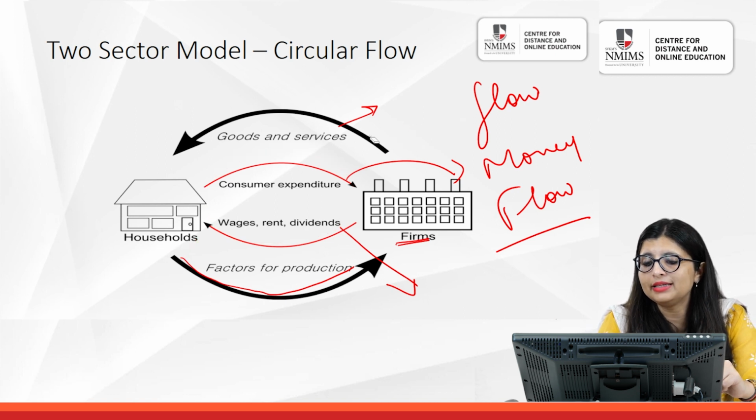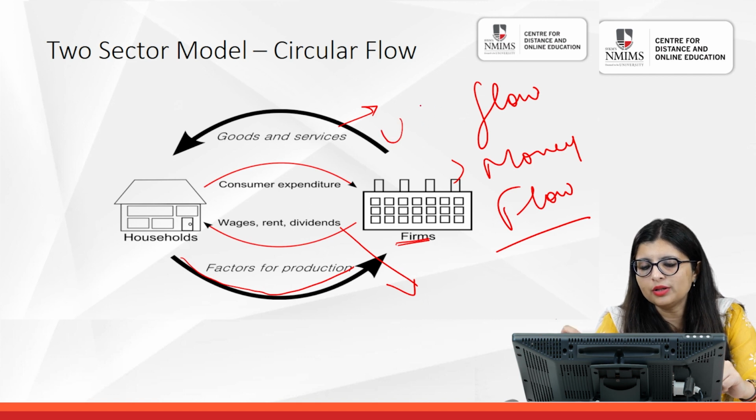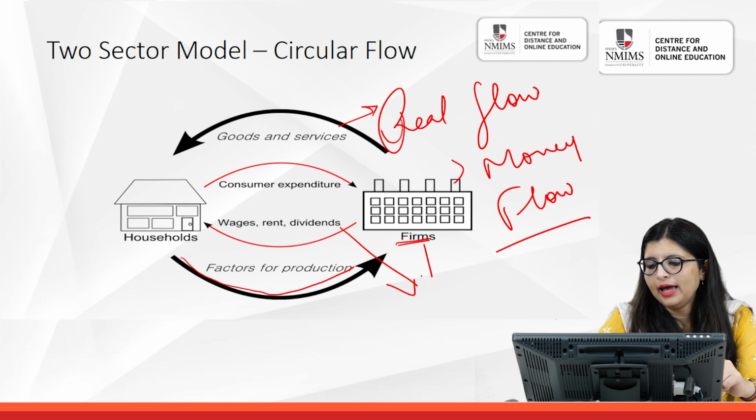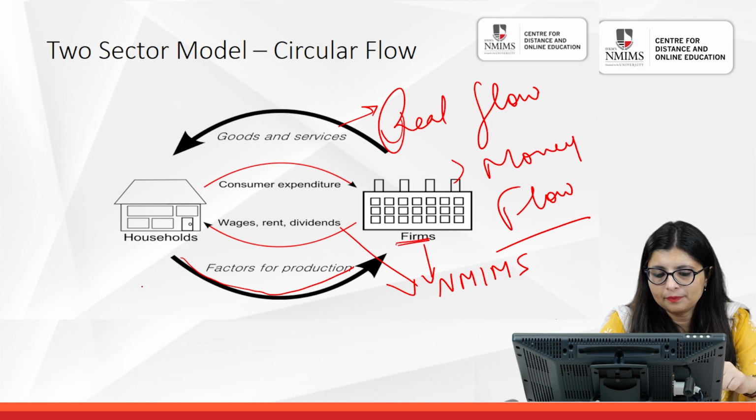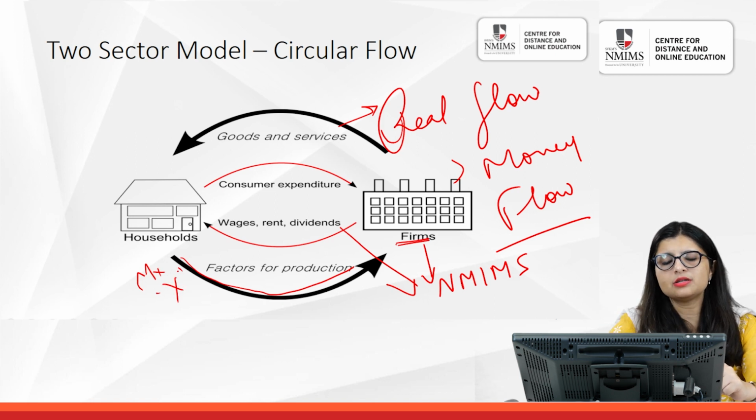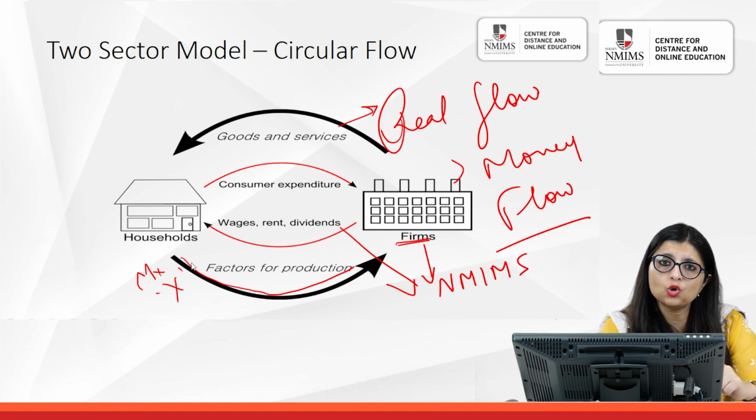used by these firms. Now to explain with a very simple example, let's say NMIMS is a firm and Mr. X is a household. Suppose Mr. X owns some land and hence he can be called the owner of that factor of production.